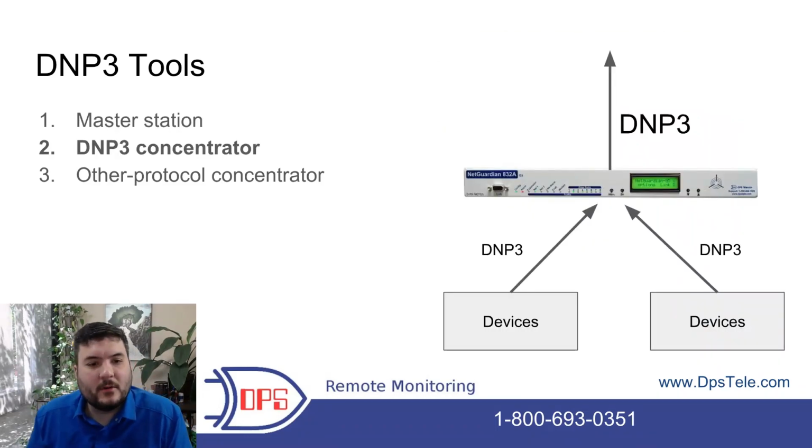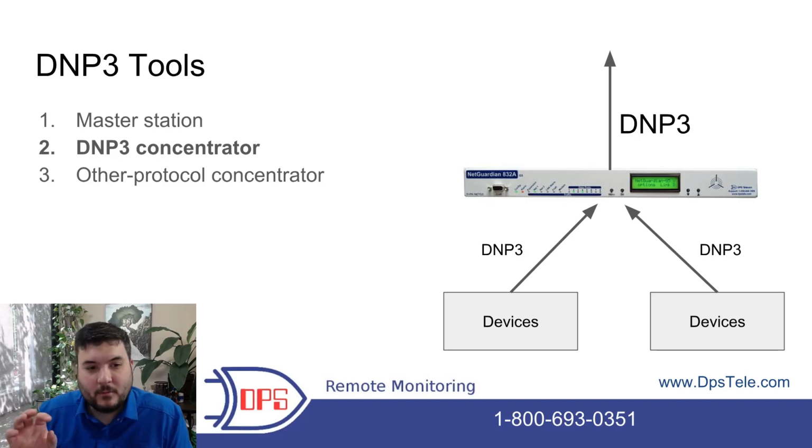And then you get into what's known in the protocol spec as a concentrator. This would be a device, like I've used a NetGuardian here as an example, showing that it can collect alarms from different protocols. We've seen a lot of this in the last couple of years where people want Modbus or SNMP or DNP3 to be collected by the remote, by that outstation device, and this is an RTU, and to be able to collect from those various different protocols and then report up as a stream of something else.